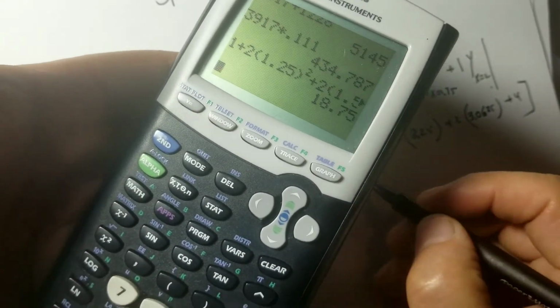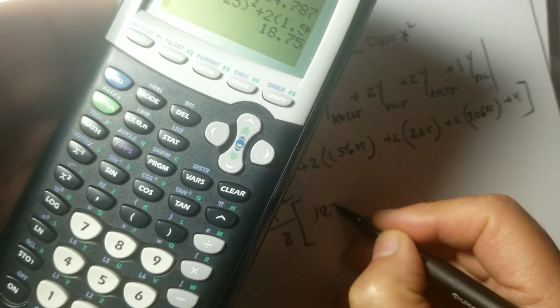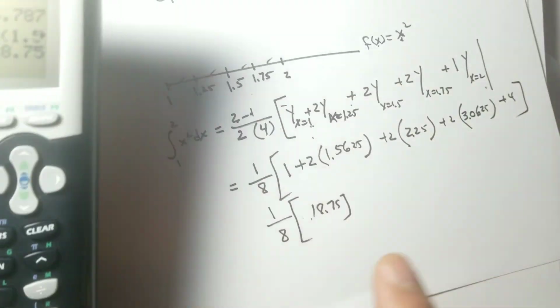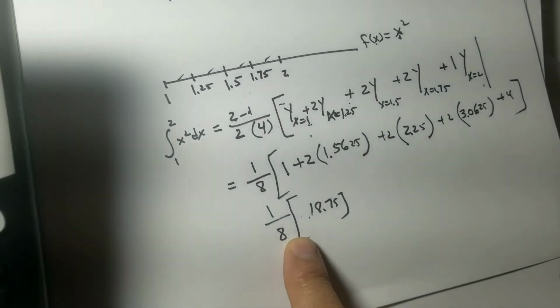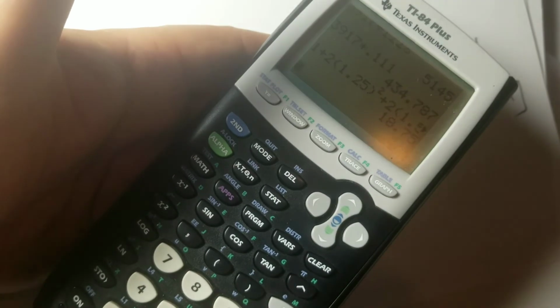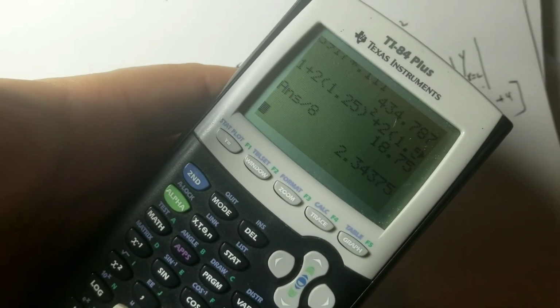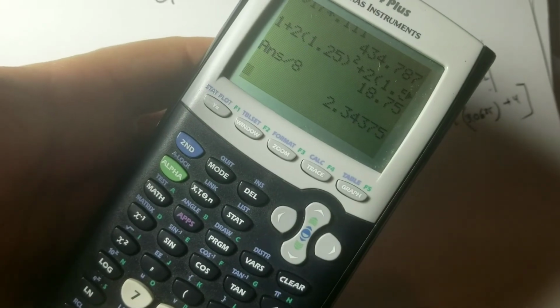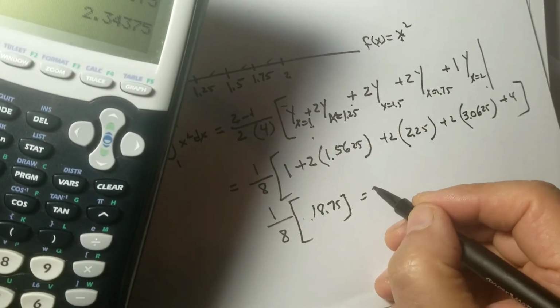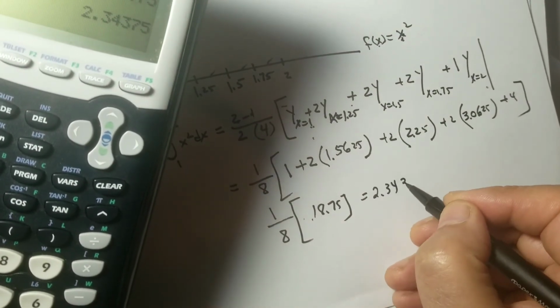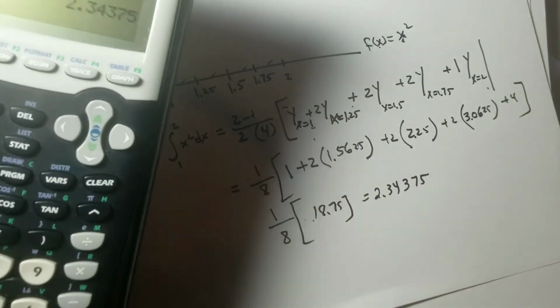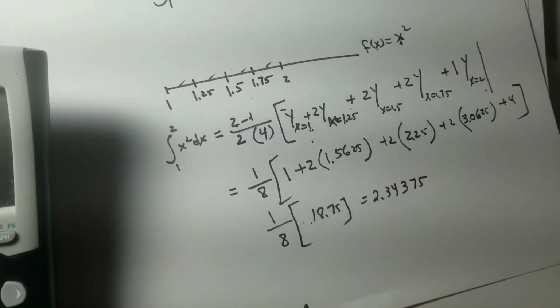All of them is 18.75. But if I divide 18.75 by 8, I got 2.34, only with 4 trapezoids.